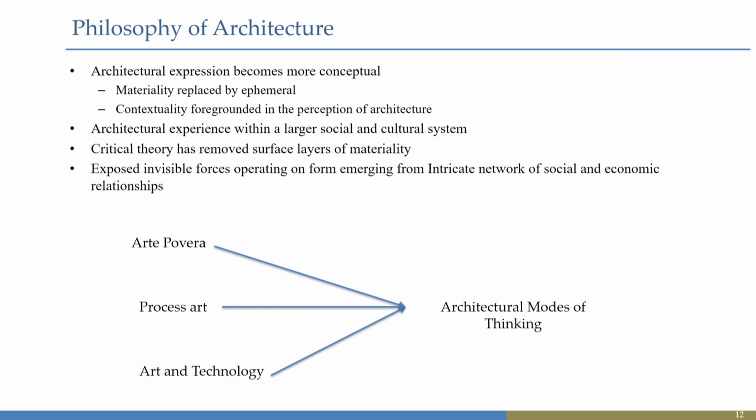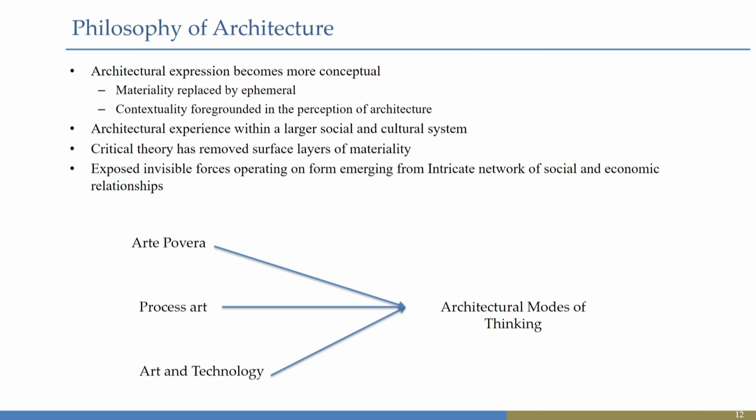So materiality is not only replaced but complemented by ephemeral elements, which makes architectural expression more varied and more conceptual. Contextuality is foregrounded in the perception of architecture. Contextuality means that when an architectural object is created, it is not divorced from the context, and that context is embedded in the architectural expression.